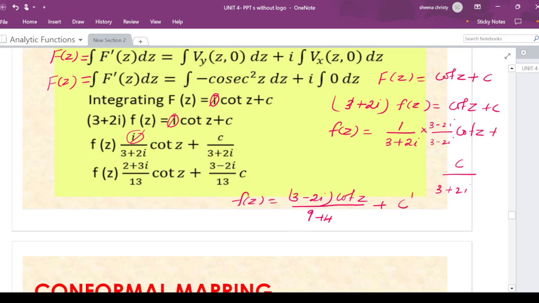So that's why you are having f of z equal to 3 minus 2i, because here you are having i, that's why you are getting the answer like this.